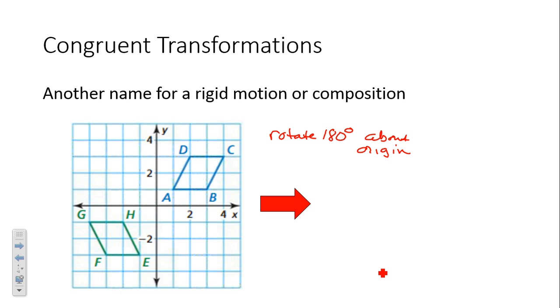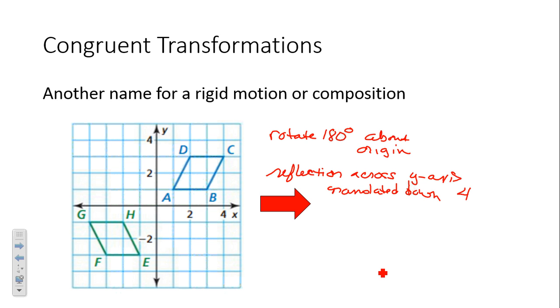Others are saying it's a reflection across the y-axis, and then translated down. It would be translated down 1, 2, 3, 4 units. Both are right. Okay? Both are correct. So there's more than one right answer to this.